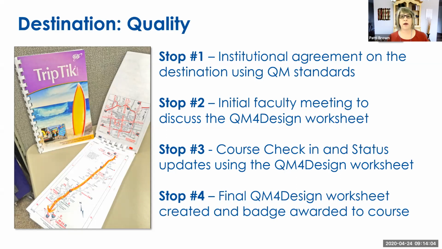Not all of our faculty have applied the QM rubric, but I am going to be working on that based on this worksheet, because I have been getting a lot of positive feedback. I can introduce Quality Matters and show them how it will help them design a really good quality course.